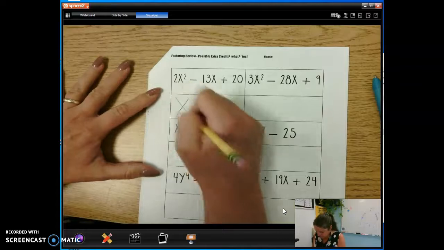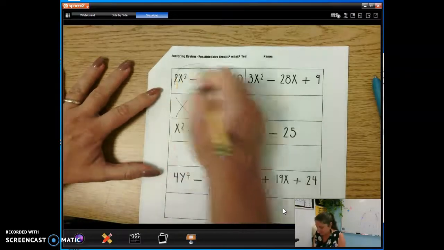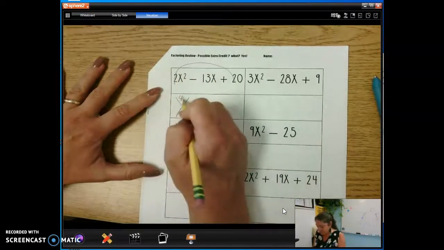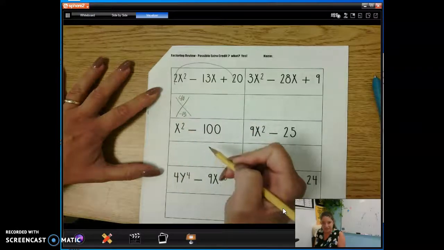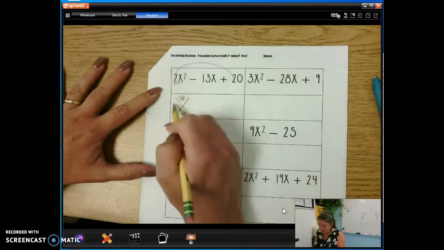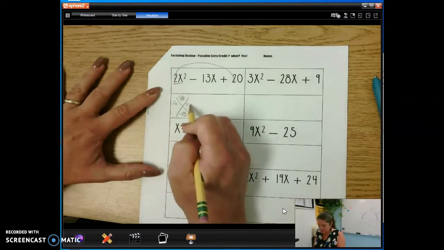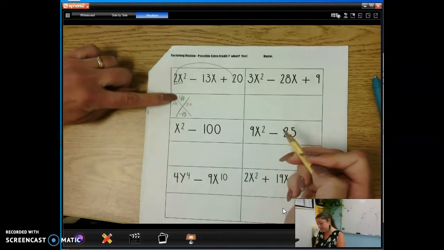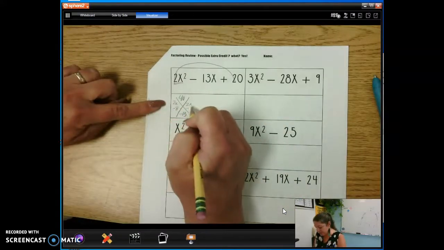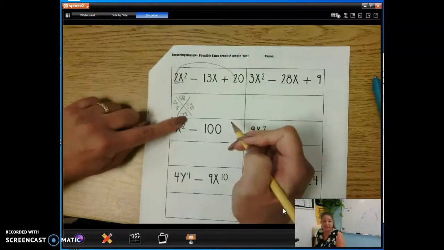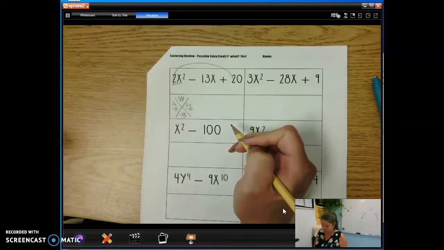So I'm just going to do the X method and set it up. 2 and 20 is 40. I'm going to put my middle term at the bottom, so negative 13. 2x goes on either side. Numbers that multiply to give me 40, that give me negative 13, are going to be a negative 8 and a negative 5. That I'm good at figuring out. Those I'm pretty good at.